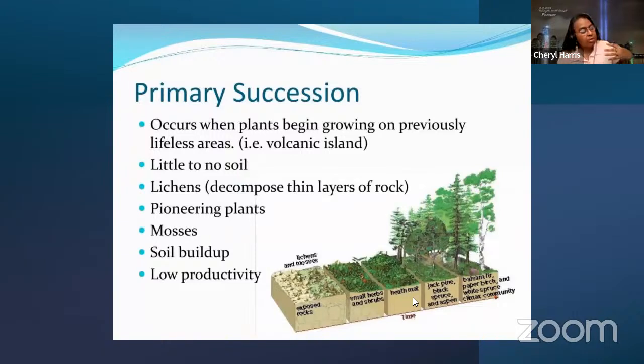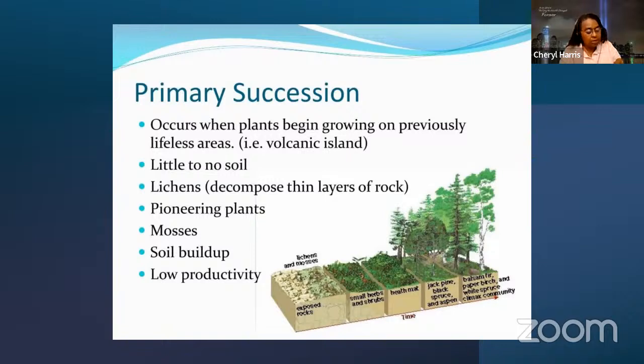And then over time, and now this is taking time, the guy in the video yesterday said this could take hundreds of years for this to happen. Then you get enough fertility so that trees can grow. Okay, and eventually you have larger trees growing. So then they call that the climax community. So you start with pioneer plants, and then you have small vegetation where the roots are shallow.